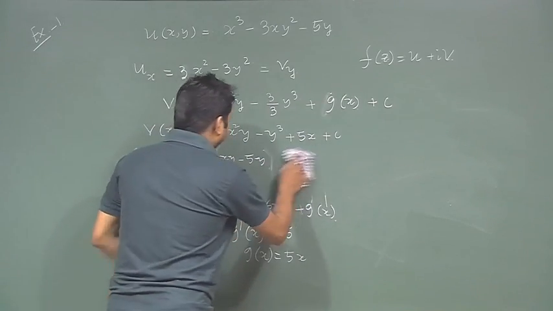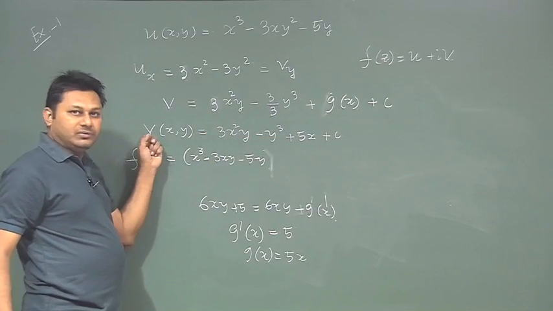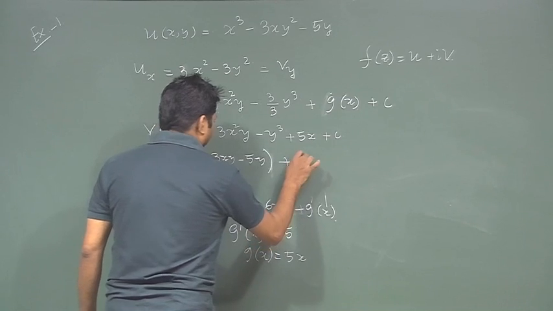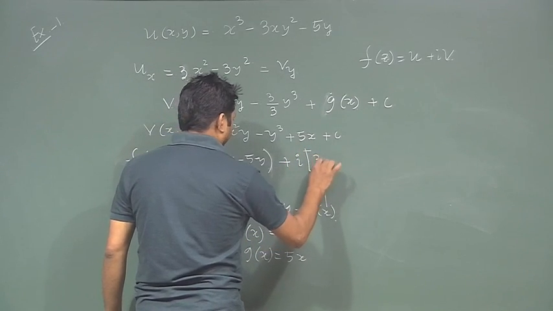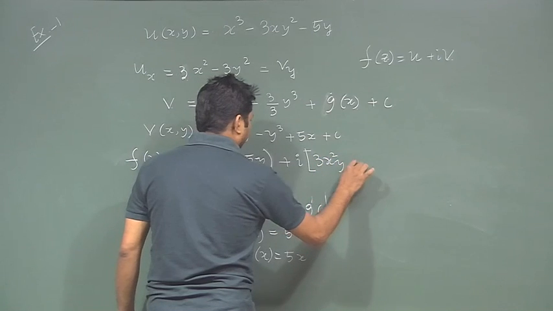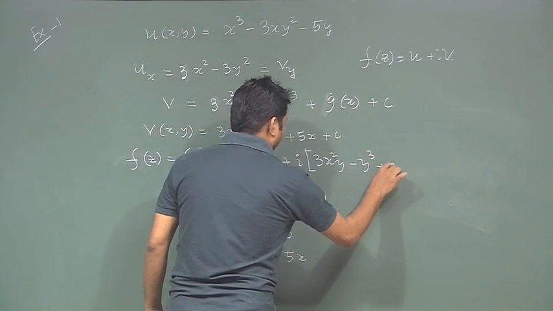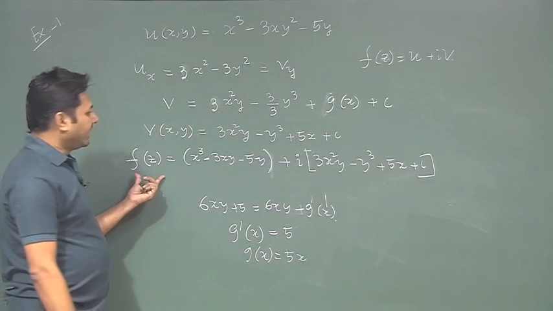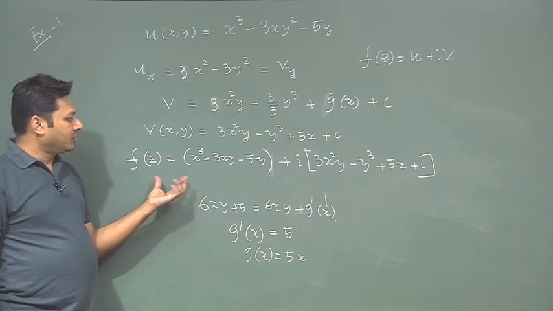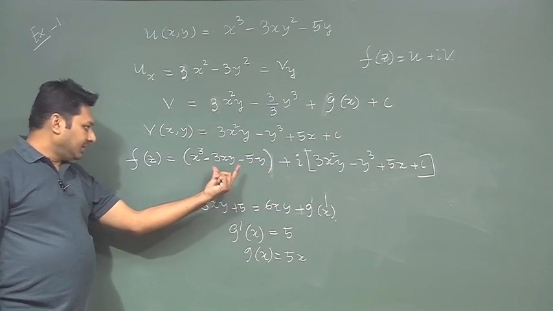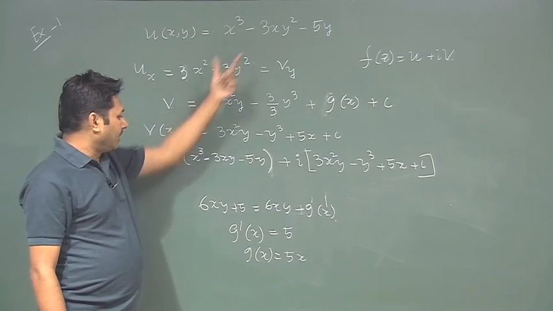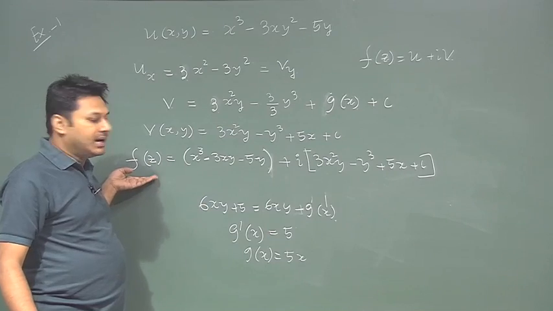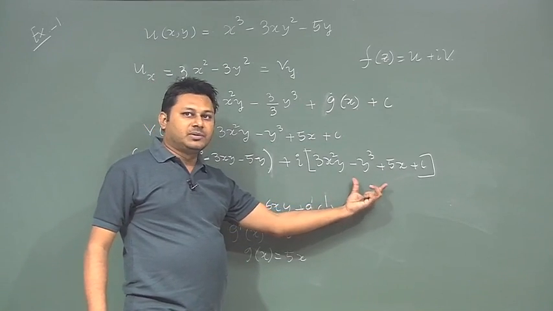Right now since c is with v, let me write it this way only, plus i times 3x squared y minus y cube plus 5x plus c. So, the complete f(z) I figure out, which is u plus iv, and this u is given to me. I was asked to find what the corresponding v should be so that the entire function is analytic, and it comes out to be something like that.